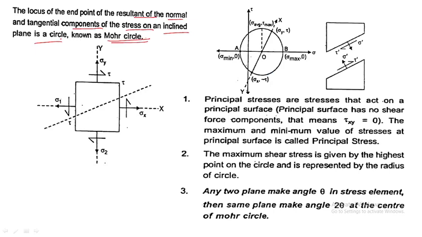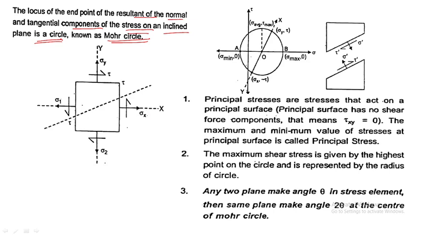If you don't know what the Mohr circle is, you can see here the locus of the end point of the resultant of normal stress and tangential component of stress on an inclined plane is a circle known as the Mohr circle. This is the y direction, this is the x direction.